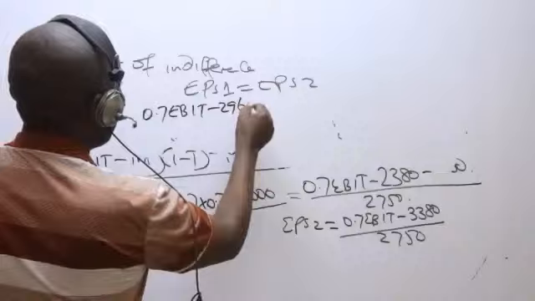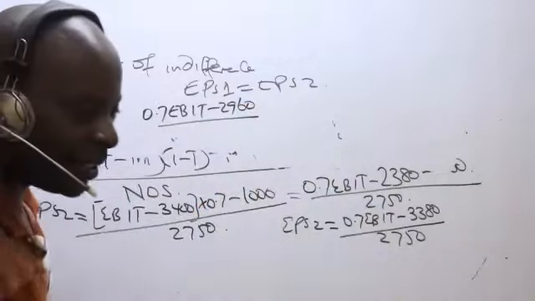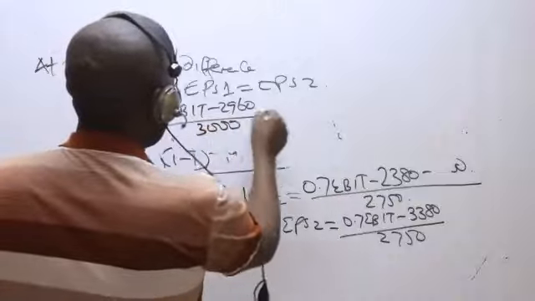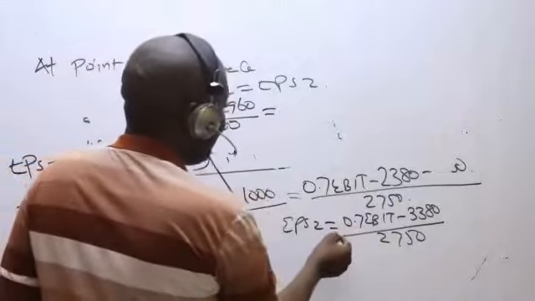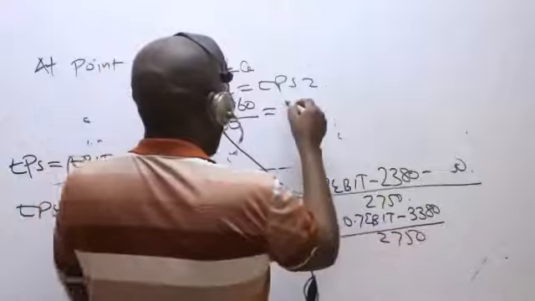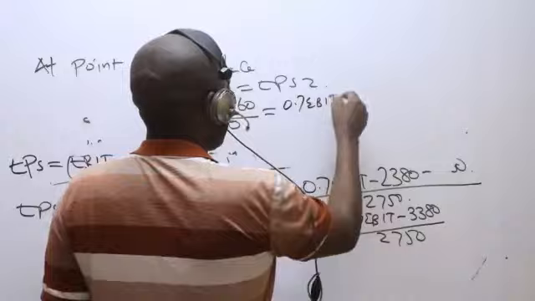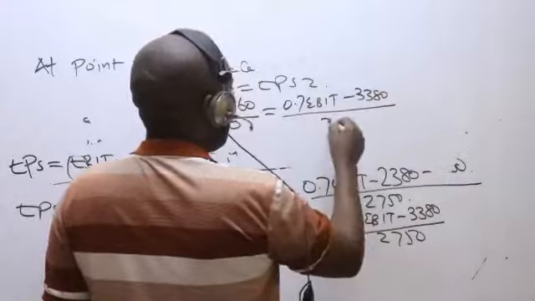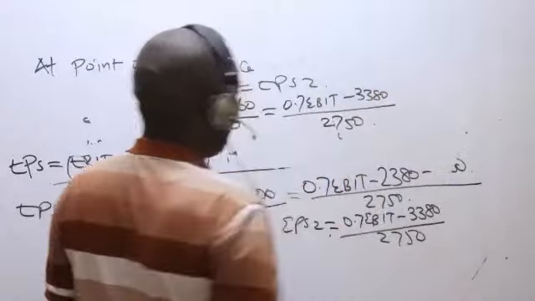Minus 2960, all over 3,000, which will be equal to EPS2, which is 0.7 EBIT minus 3380, all over 2750.